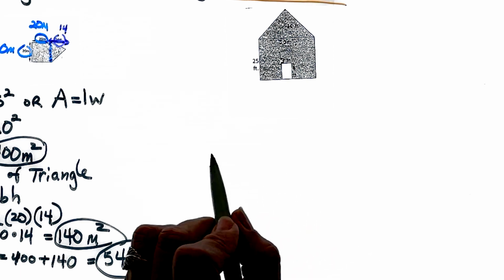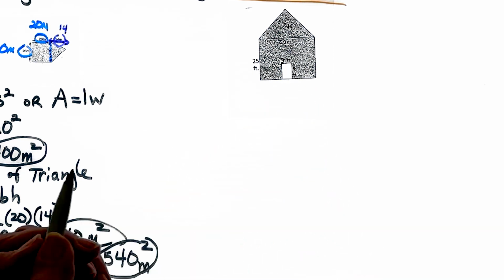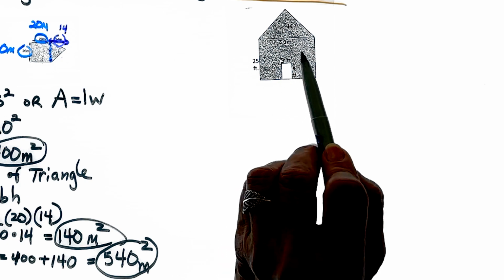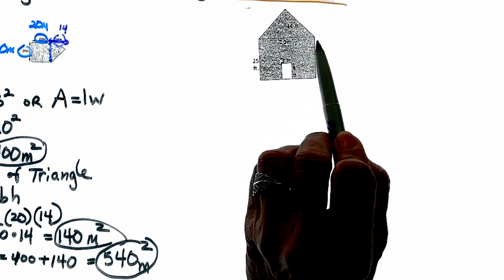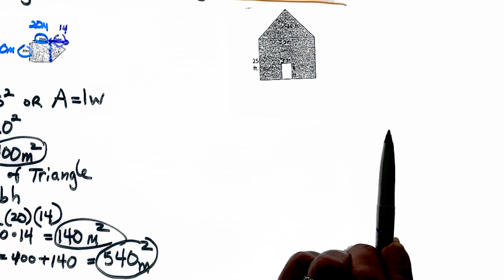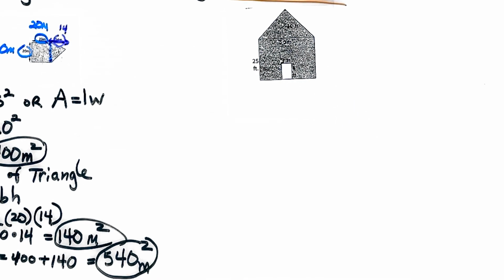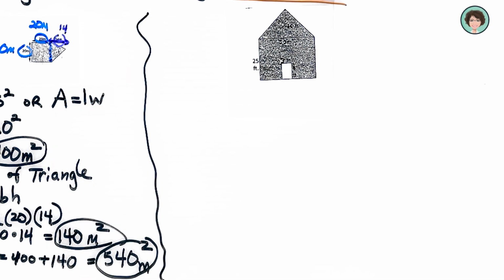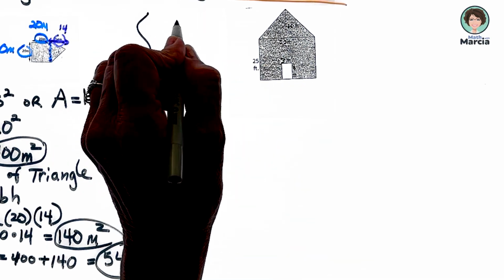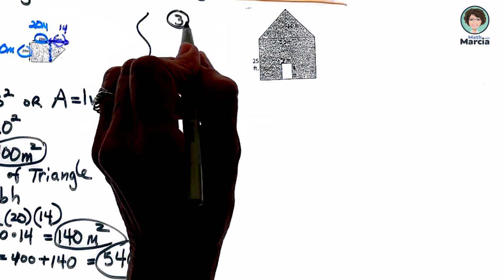So again, looking at this picture, I recognize I have a rectangle and a triangle, that I'll find those areas, and then we're going to subtract away that little door area. I'm going to draw a line to separate this work. Let's start with this question number 3.